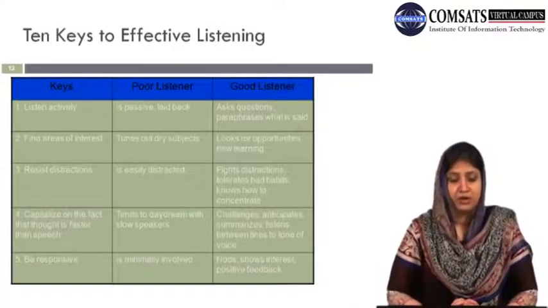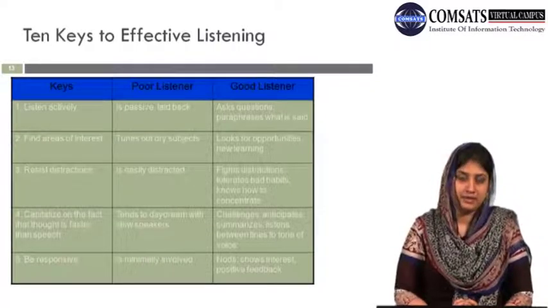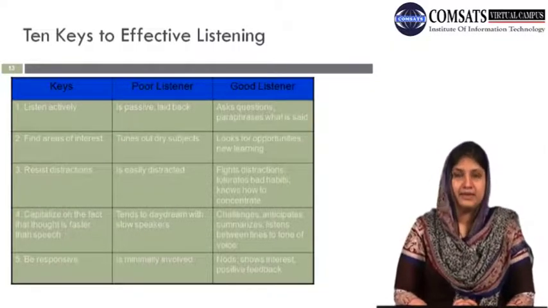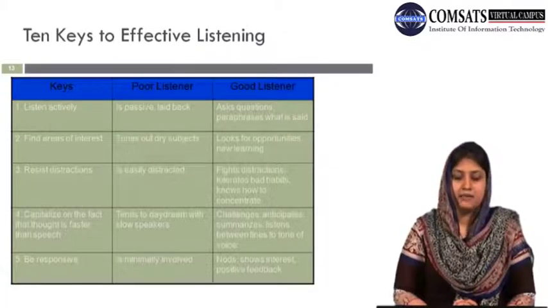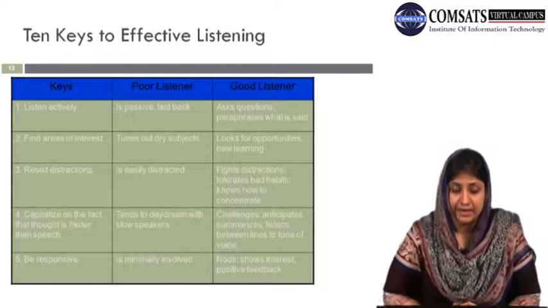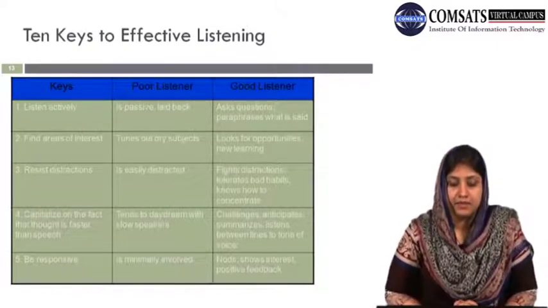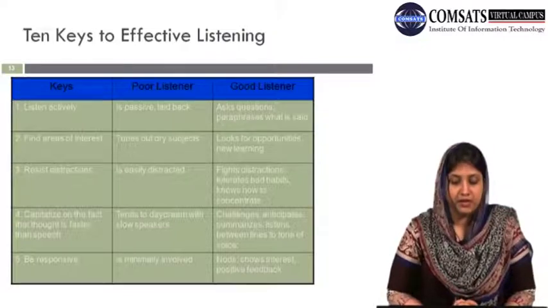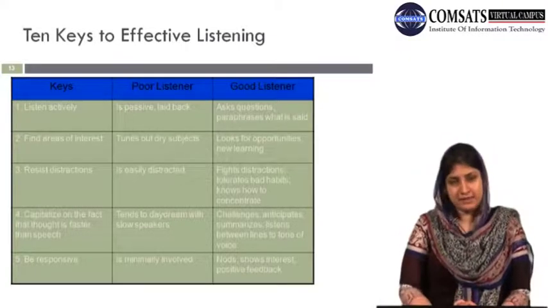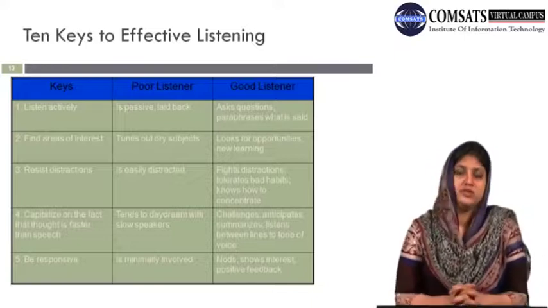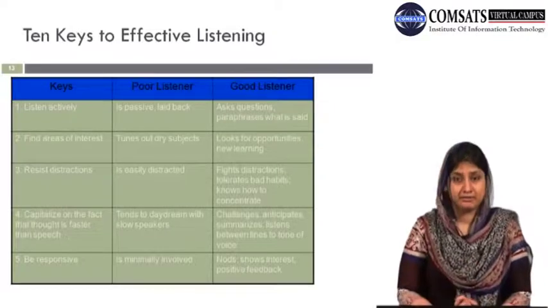Before we talk about listening, there are 10 keys to effective listening. Now, what are they? Listen actively. Passive is laid back. So ask questions, paraphrase what is said. What do I mean by active listening? Well, when you are just sitting passively and listening, that is passive listening.